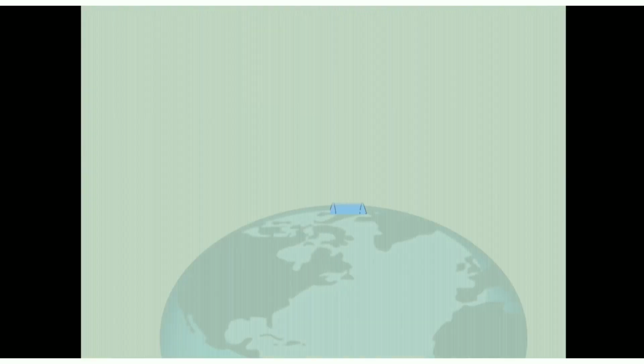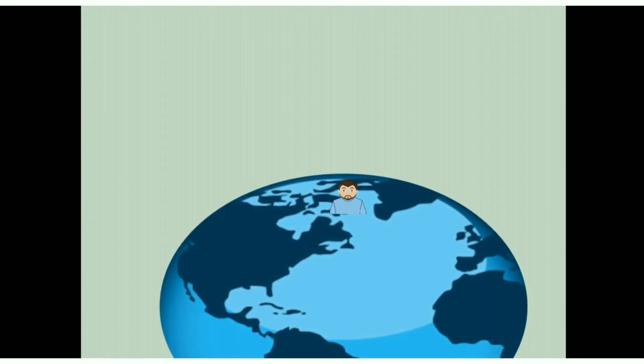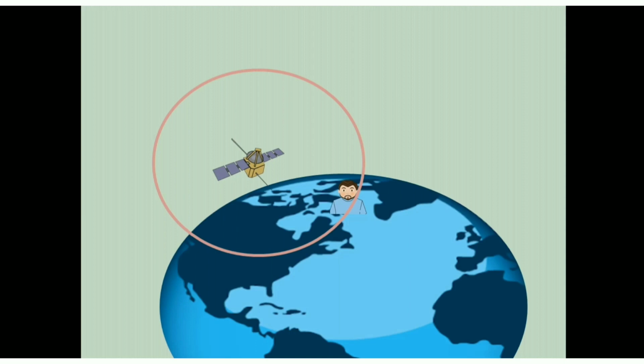Suppose you are here and you need to know the location where you are. One satellite present in that area receives your signal and figures out that you are nearby in this area. The second satellite present in that particular area does the same as the first one. Now these satellites intersect at certain points.